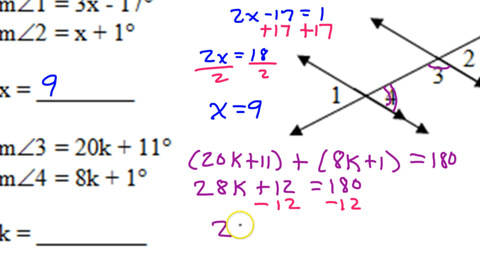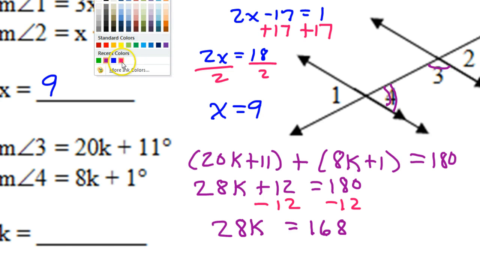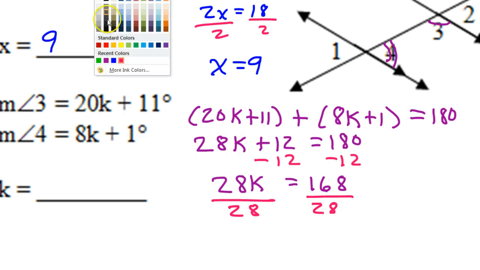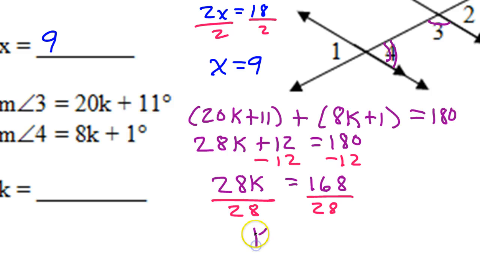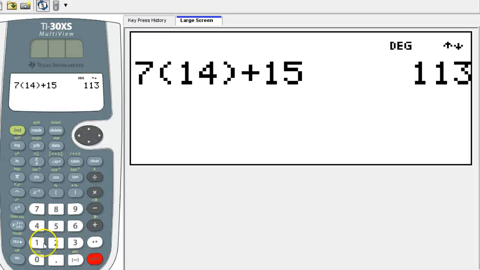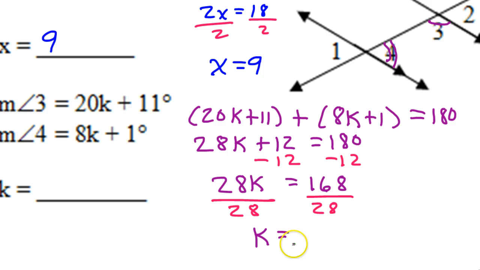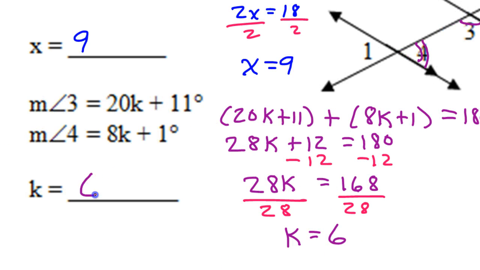So that'll give 28k is equal to 168. And then let's divide both sides by 28. Six. Okay, so k is equal to 6.